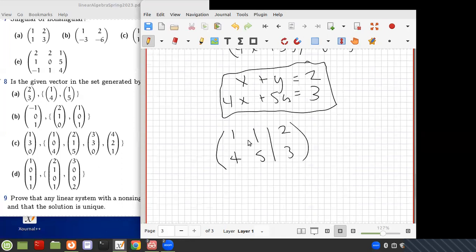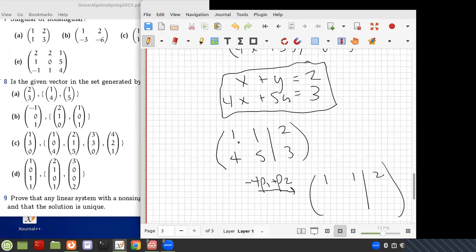Okay, so let's try it. I can do this with minus 4 row 1 plus row 2. Minus 4 times 1 cancels the first entry. Then minus 4 plus 5 is 1. And then minus 4 times 2 is minus 8. Minus 8 plus 3 is minus 5.